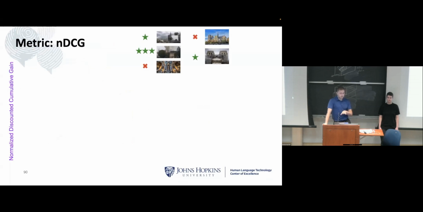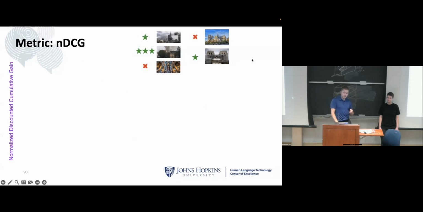And then before I get to the actual results, I just want to say what the primary metric that we used is. There are many other retrieval metrics that are interesting, specifically recall at 10 or mean reciprocal rank. NDCG is somewhat similar to mean reciprocal rank, but it's a bit more nuanced.